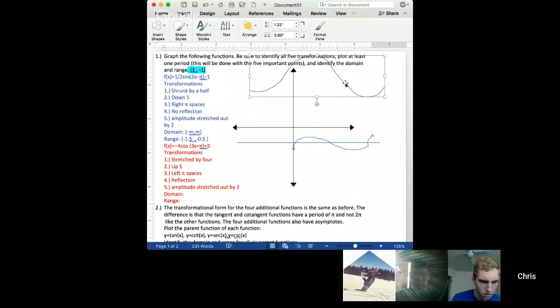Left pi spaces. Oh, we can still do that, yeah. That's fine. And function.